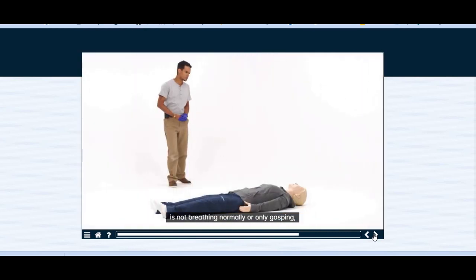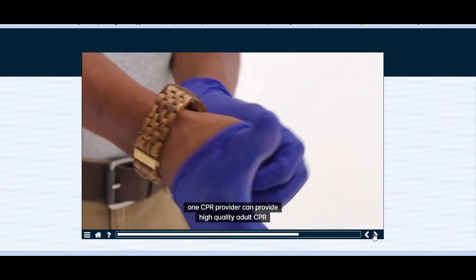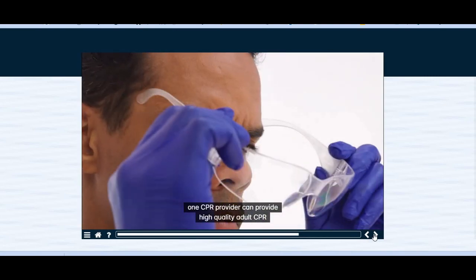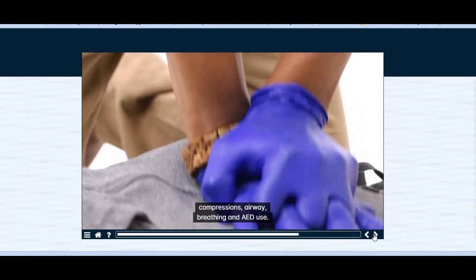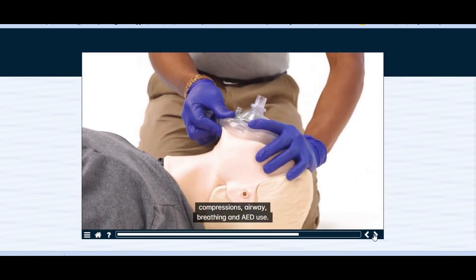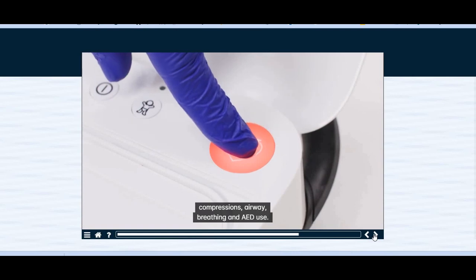If an unresponsive person is not breathing normally or only gasping, one CPR provider can provide high-quality adult CPR by putting together all the skills of assessment, compressions, airway, breathing, and AED use.